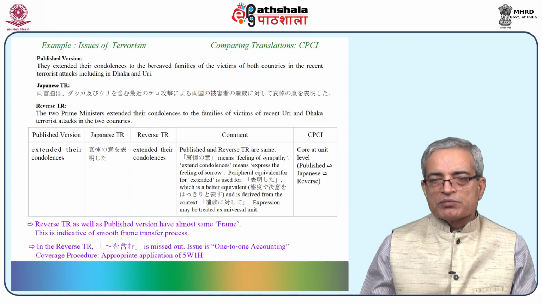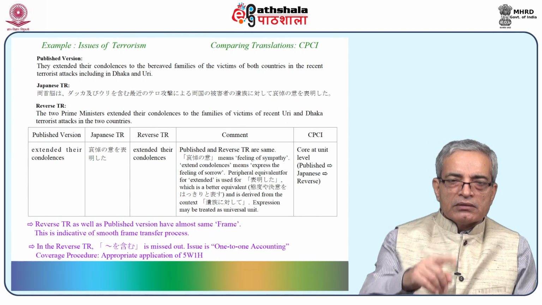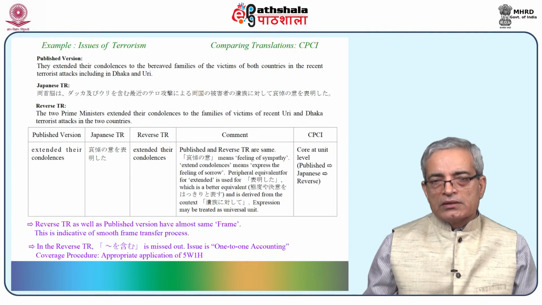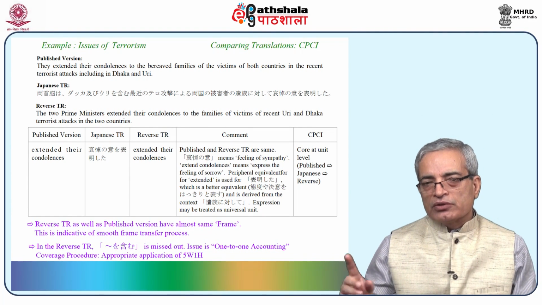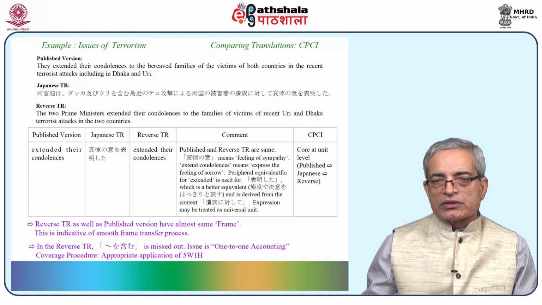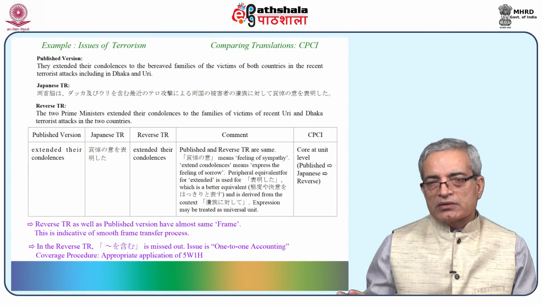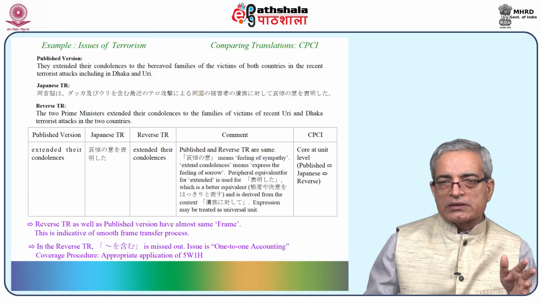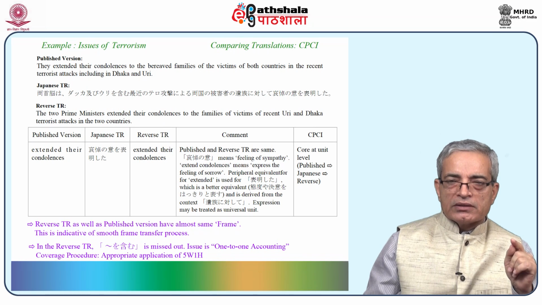So it's basically, what is that, izoku ni taishite? Yeah. So it's basically derived from izoku ni taishite. So the expression may be treated as universal unit, and together Aito no ii o hyomeshita complete thing can be taken as a core equivalent for extended their condolences at unit level.